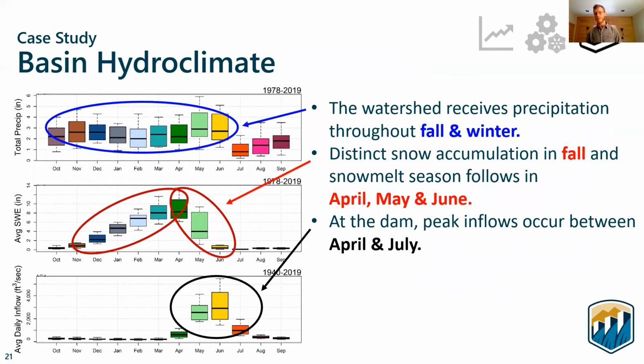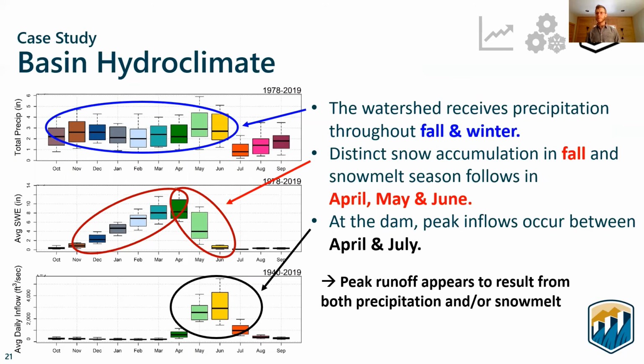Now, your inflows to the dam peak in April and June. This is right during the period of maximum precip during the year, but also snowmelt. So we've got two different things acting at once.